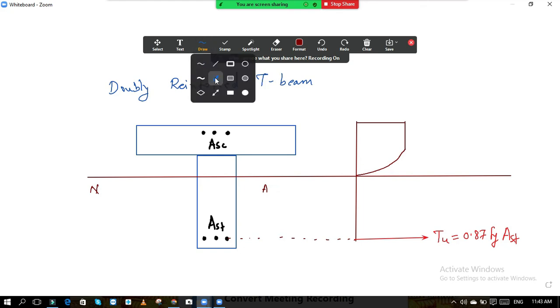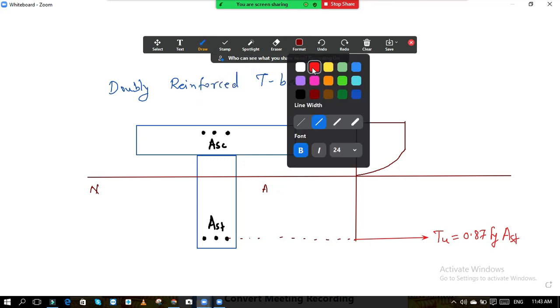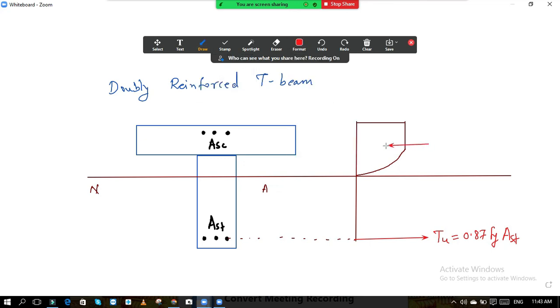And now if I draw the forces, see, this is CUW. This force is CUW. What is the formula? 0.36 fck bw into xu. You know that.